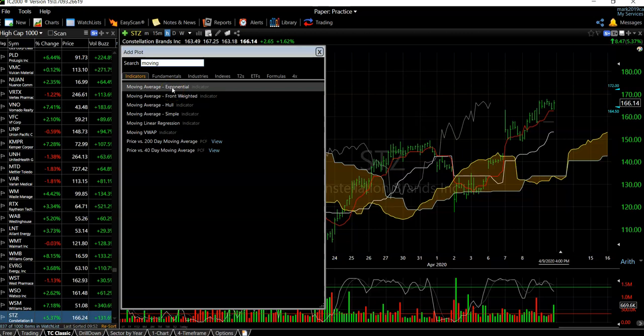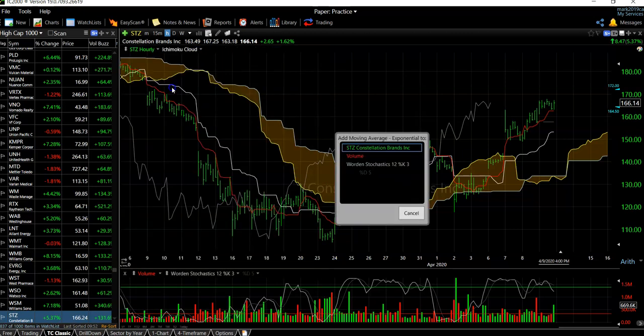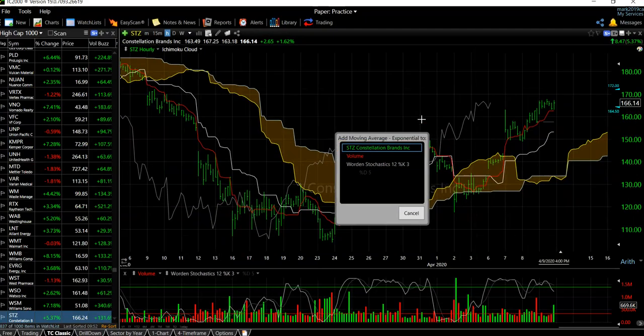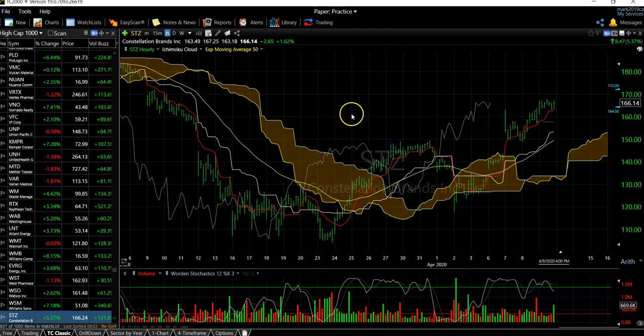Doesn't matter, but I'll select exponential. And when the add moving average comes up, STZ is already selected, but you can select it again if you wish. Let me just get out of this and click on STZ.